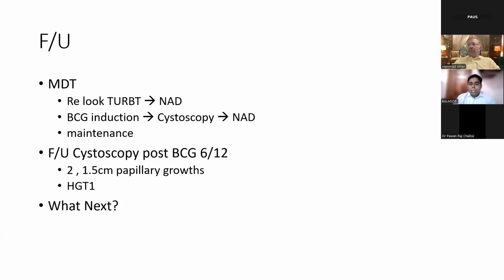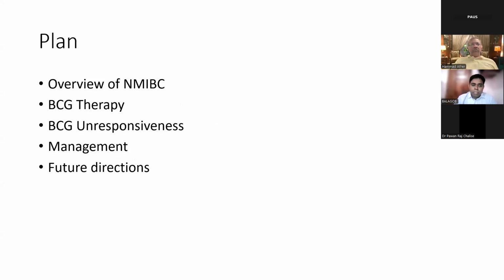But at the end of the 6th month, in a follow-up cystoscopy, there were 2 lesions, each about 1 to 2 centimeters, and histology was high grade T1. Now we have given almost 6 months of BCG. Now what to do next? It's a question.